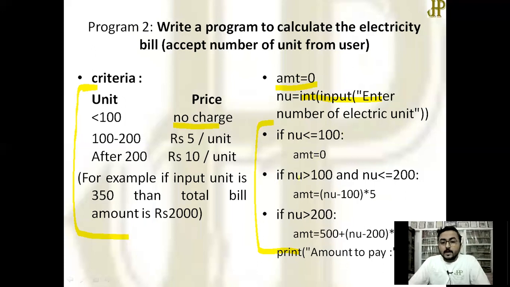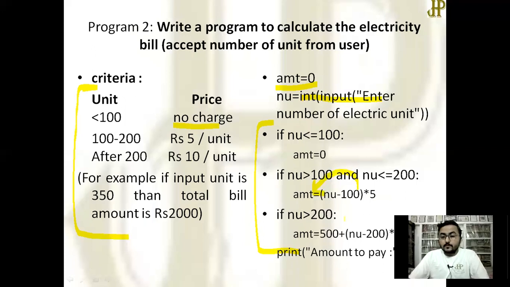And if NU is greater than 100 and NU is lesser than or equal to 200, what is to be done? First of all, for the first 100 units, there will be no charge. And after that, whatever units are left are to be multiplied by 5. So (NU minus 100) into 5 is given to amount. And at last, if NU is greater than 200, what is to be done?